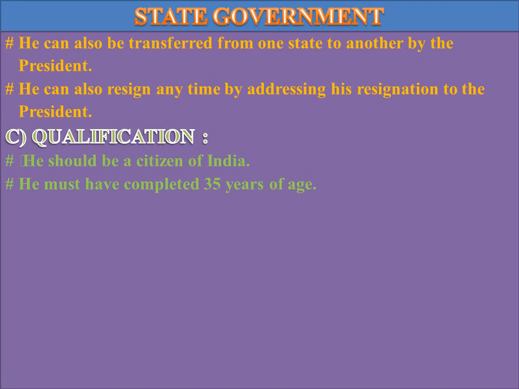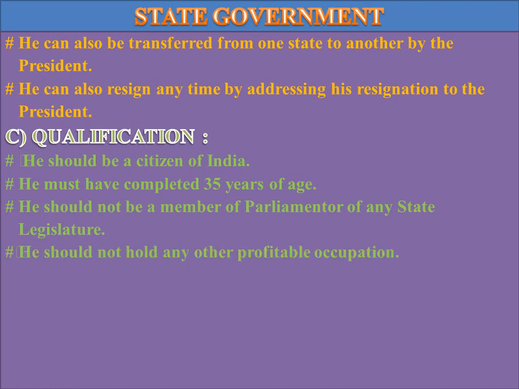The next point is, he should not be a member of parliament or any state legislature. If he is a member of any legislature, he automatically vacates his seat on assuming the office. The next is, he should not hold any other profitable occupation. These are the qualifications of the governor.